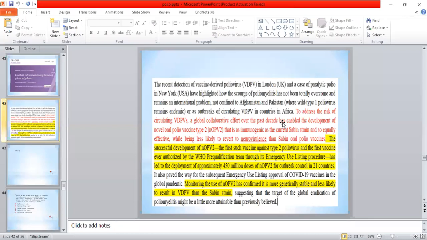Monitoring the use of novel OPV2 has confirmed that it is more genetically stable and less likely to result in vaccine derived poliovirus disease than the Sabin strain.